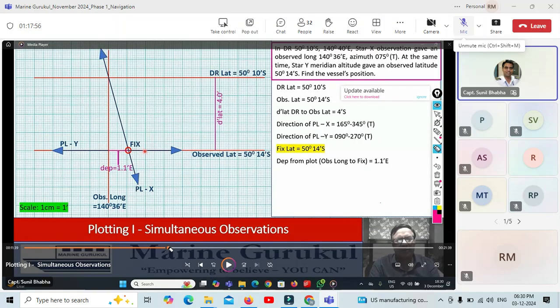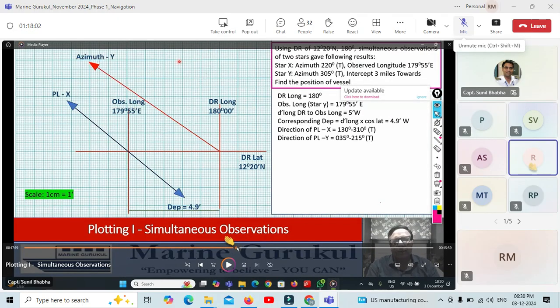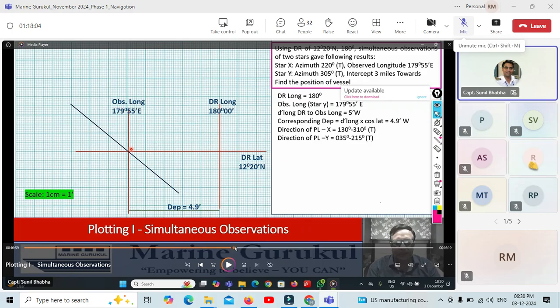Let's go back to our plot. So here we are. Our first PL is on the screen now. You want to have the azimuth now? Here, I have made the azimuth also, beta. Here is the azimuth. If you want, you can make it.